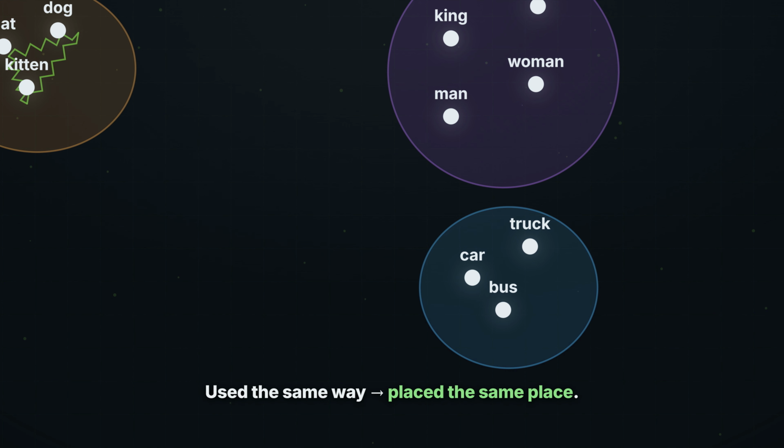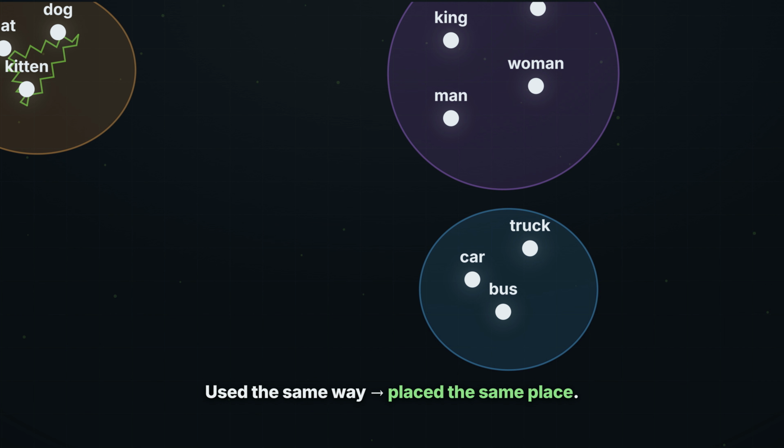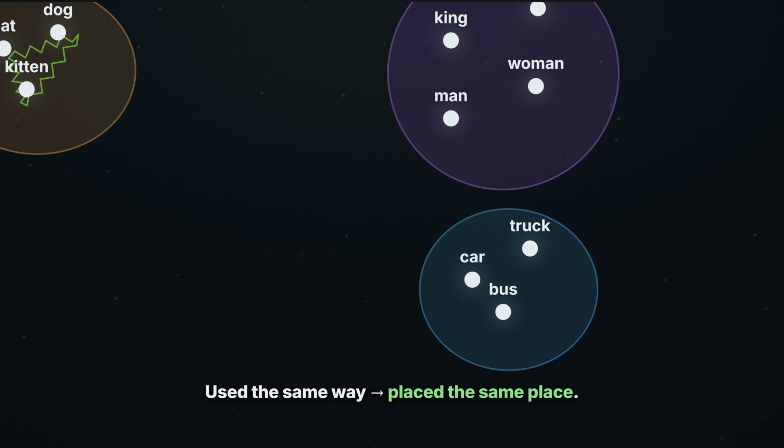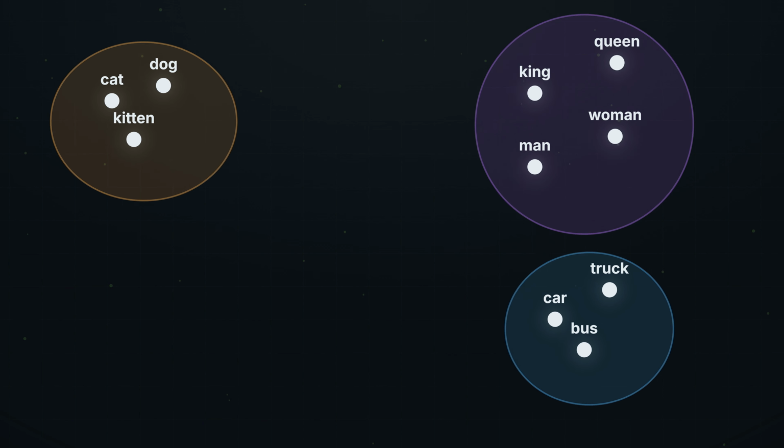Drive the blank, park the blank. So the model pulls words that are used alike close together and pushes words used differently apart. Do that across billions of sentences and you get a map where position encodes meaning. Used the same way means placed the same place.